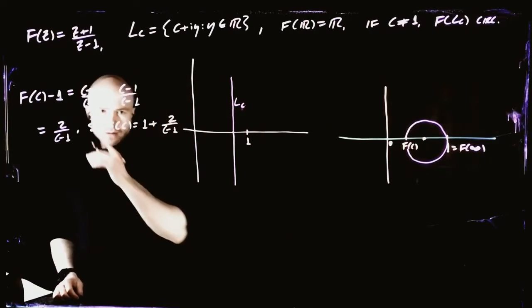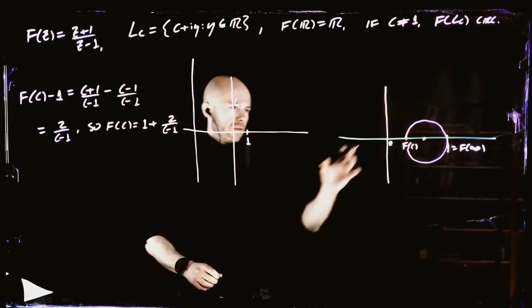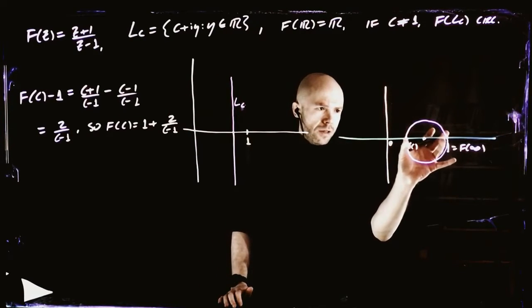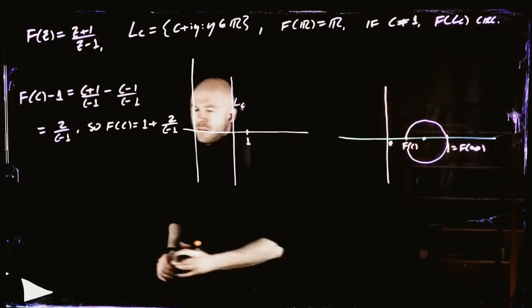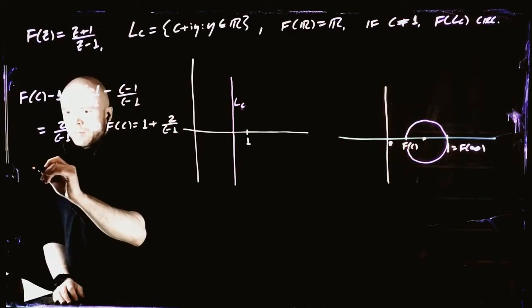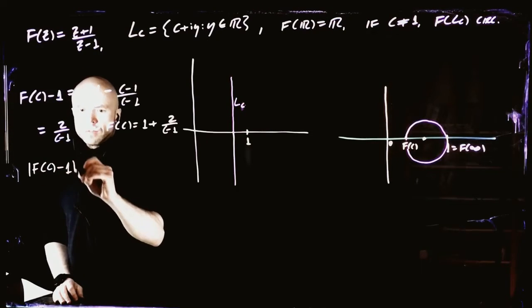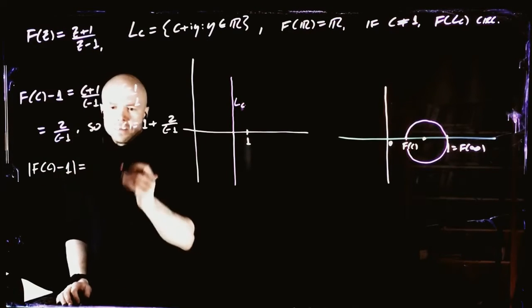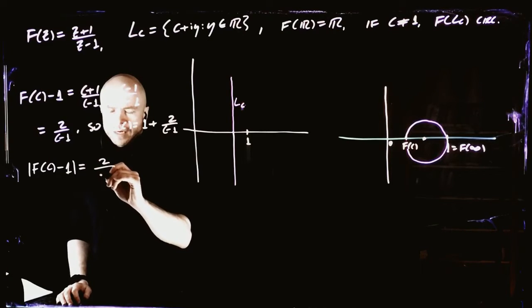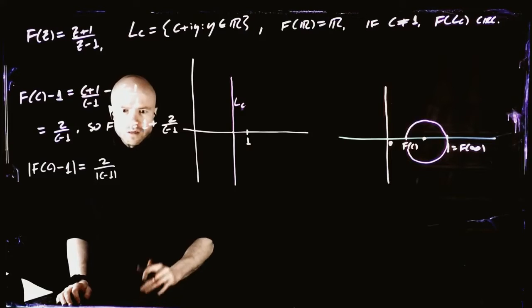So this gives us the following good stuff. We know that the diameter of the circle, whether we're on the left or the right-hand side, is given by the absolute value of f of c minus 1, which is just 2 over the absolute value of c minus 1, whatever value c is. Yeah?